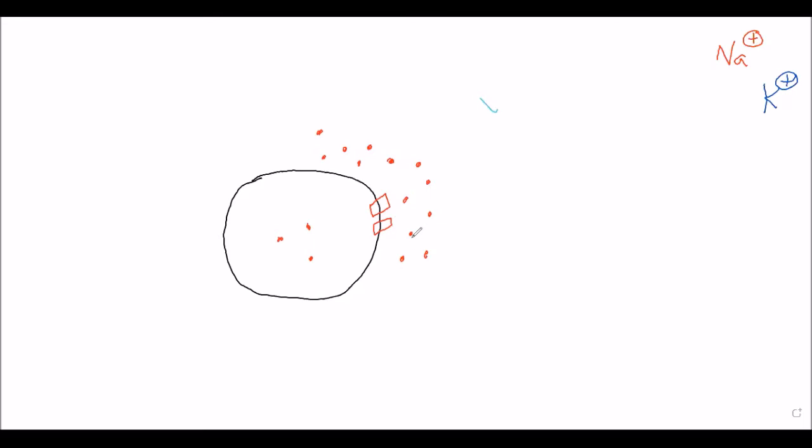If we have more sodium outside the cell than inside the cell, does sodium want to go into the cell or does it want to go out of the cell naturally? Into the cell.